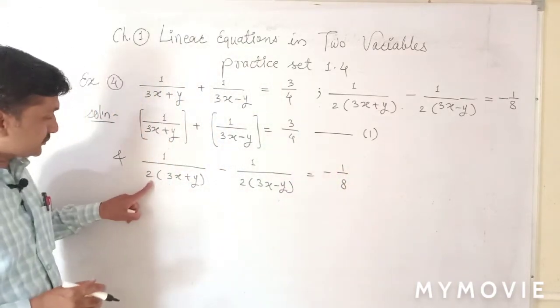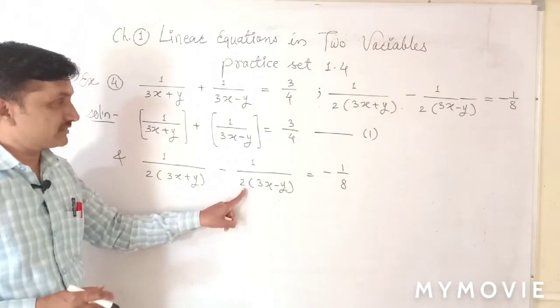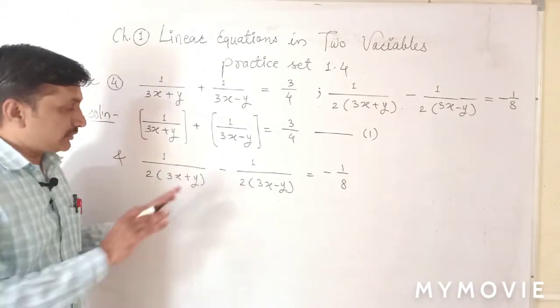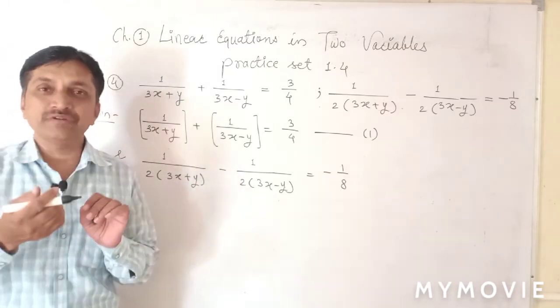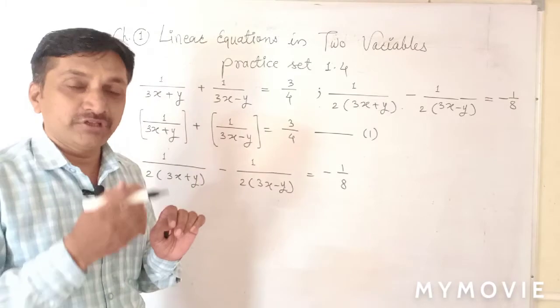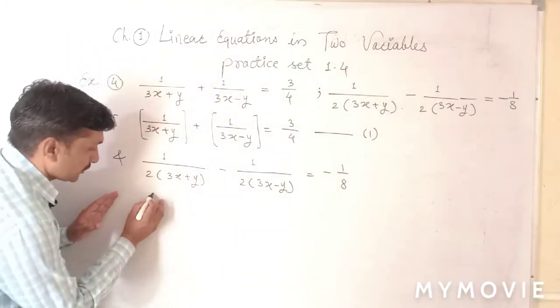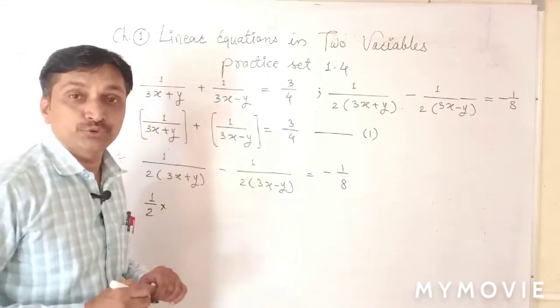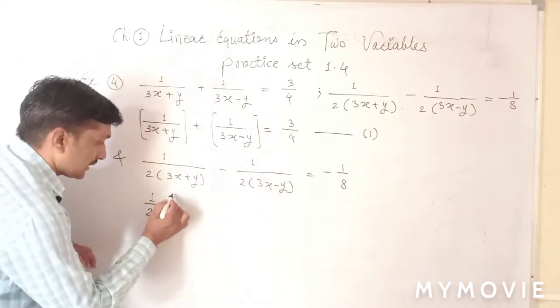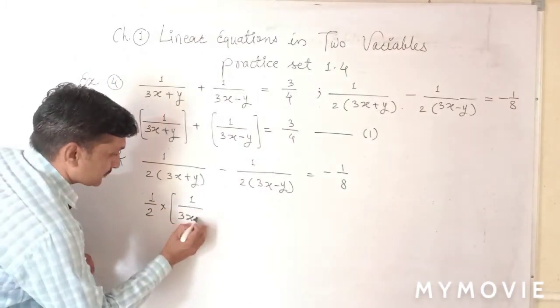Now here there is 2 in the denominator, outside the bracket, and here also 2 is there. We have to separate these 2, but a single 2 we cannot take separately; with the 2 we want some numerator. That's why I take 1 upon 2 separate, and in the bracket what is left is 1 upon 3x plus y.